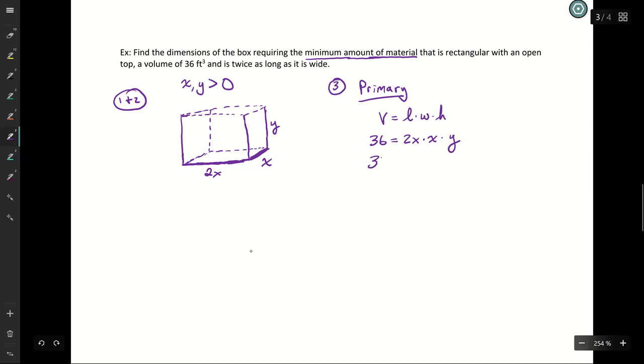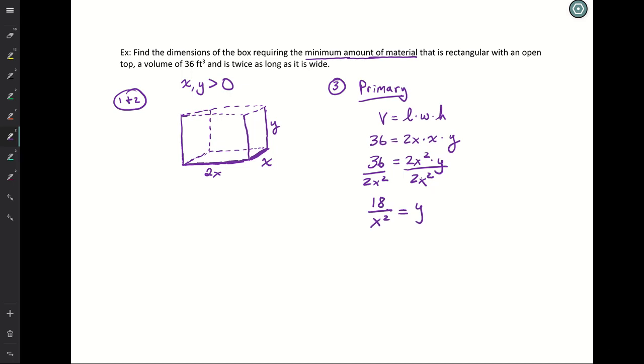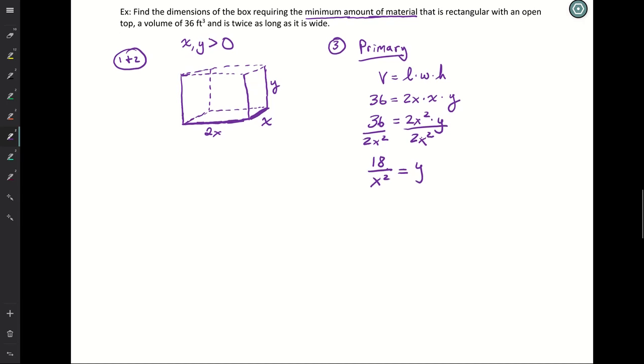So on this one, we'll say 36 equals 2x squared times y. If we solve this for y, we divide out the 2x squared, and I'm going to reduce, so y equals 18 over x squared. That will give us something that we hope we can plug back into the secondary equation so that the secondary equation is in terms of only one variable.